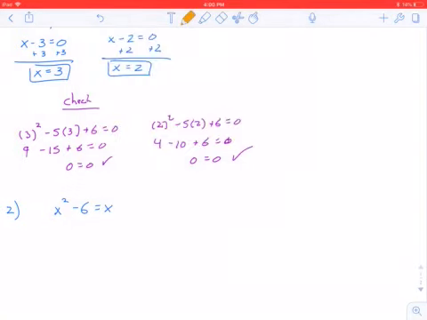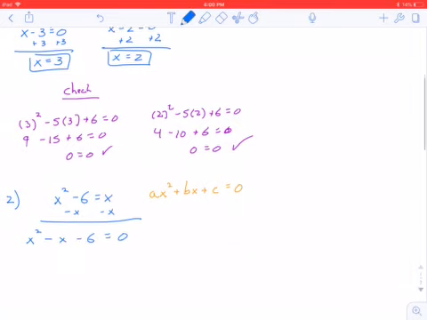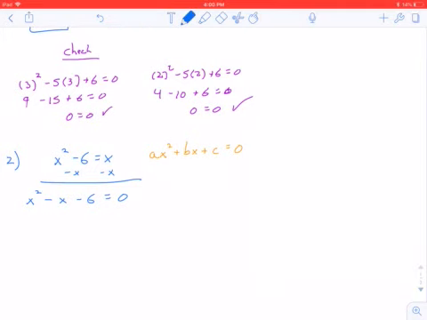Standard form is when we have all three of our terms on the left equal to 0. So in our case, we need to subtract x from both sides. So now we have x squared minus x minus 6 equals 0. Now that this is in standard form, meaning all the terms are on one side with a 0 on the other side, we're ready to factor.